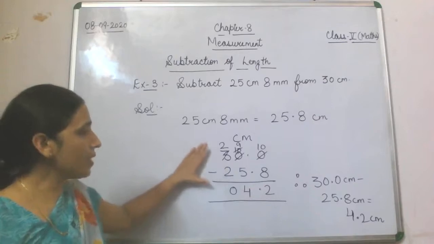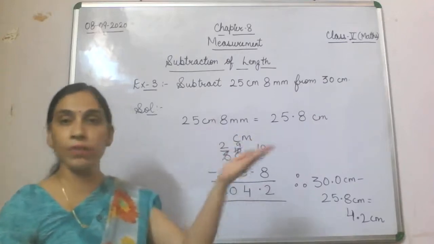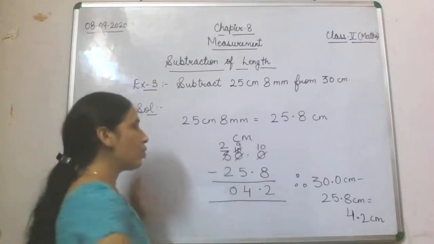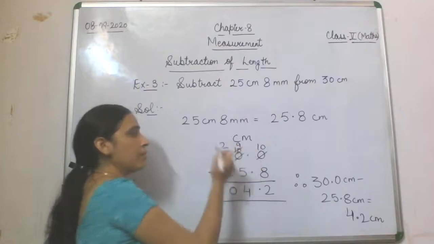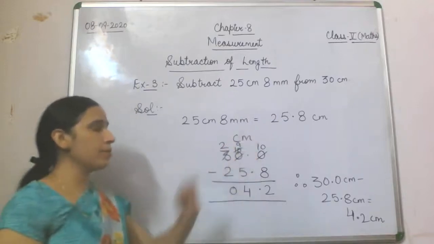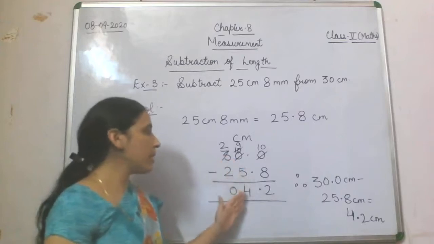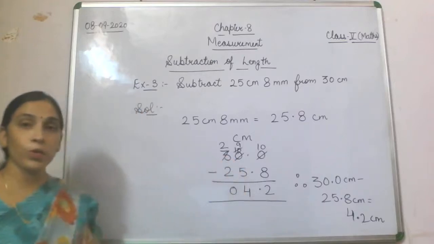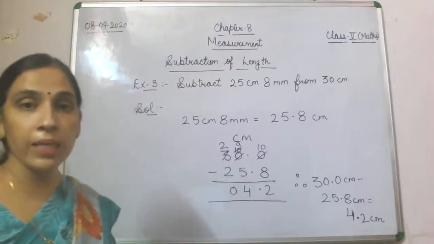From 0 we cannot subtract, so it will borrow from here. That will become 10, will become 9, and this will become 10. 10 minus 8 gives 2, and here 9 minus 5 becomes 4. So what is the answer here? 4.2.